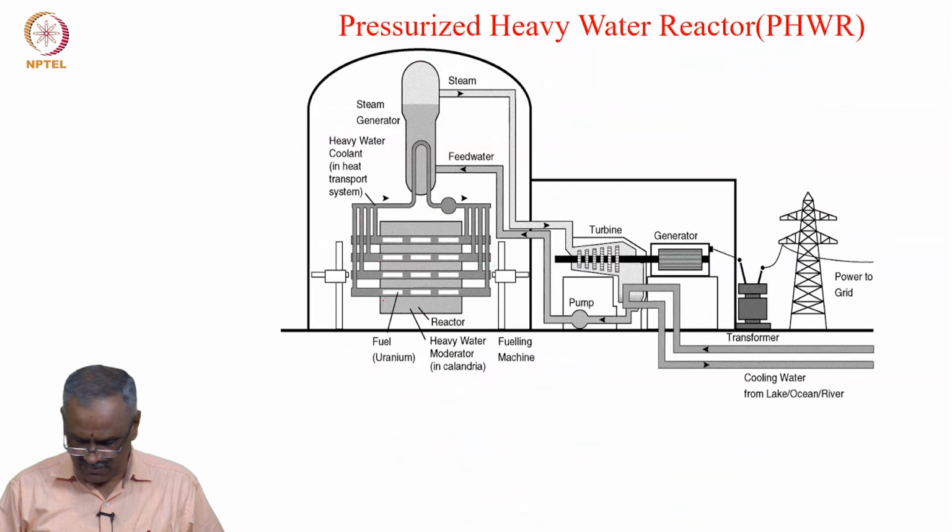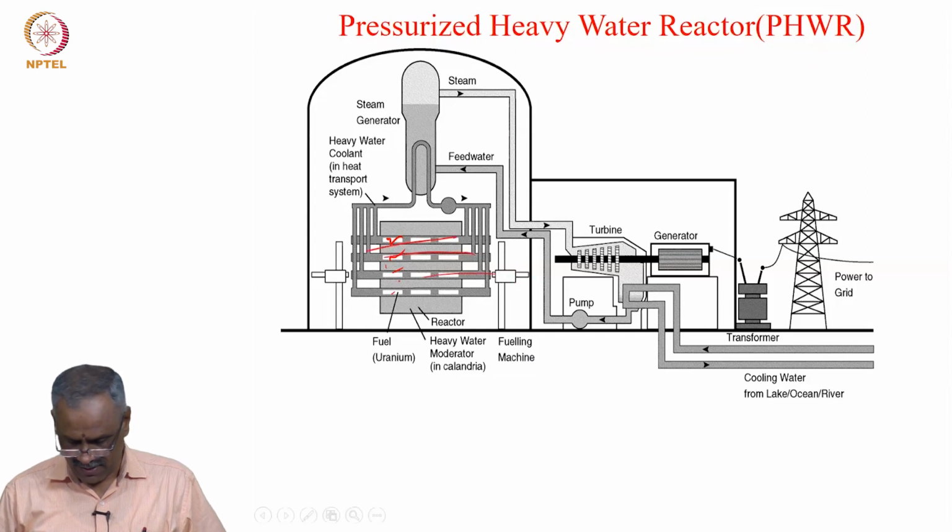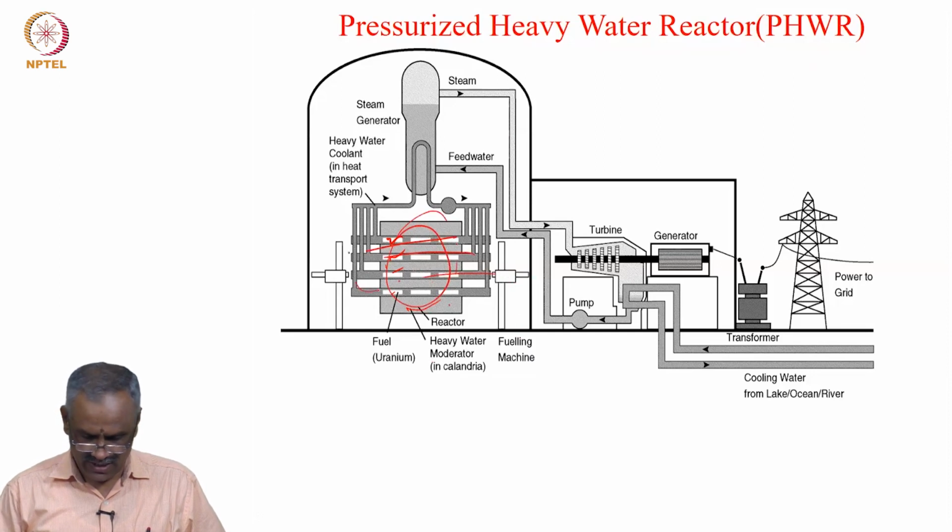This reactor is the same here, but if you look at the reactor, this is the fuel here, uranium, and these are placed in this way; the loading fueling machine is here, and the reactor is this, and heavy water moderator is filled in this, and you can see that the working fluid, heavy water, is circulated to this, and then it releases heat into the working fluid, that is water.